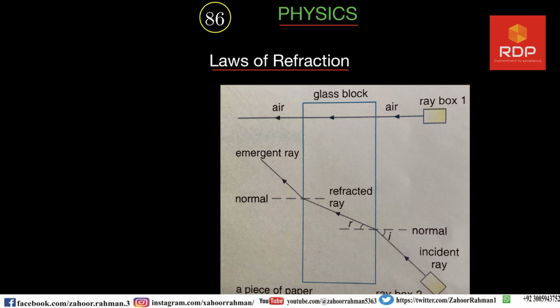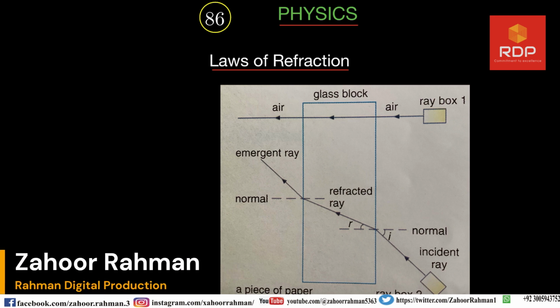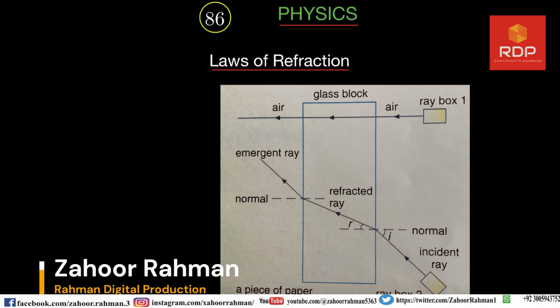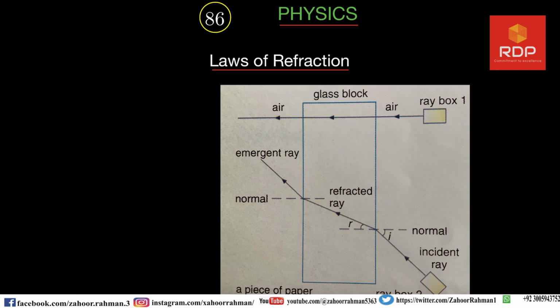Now, in the second case, we have to vary the angle of incidence through ray box 2, and we will observe the corresponding angle of refraction.